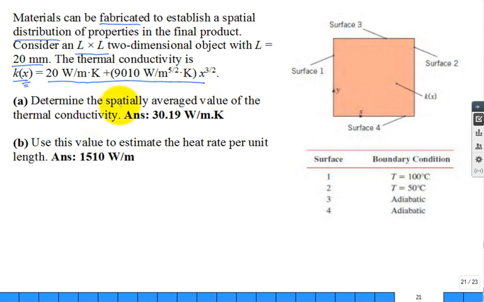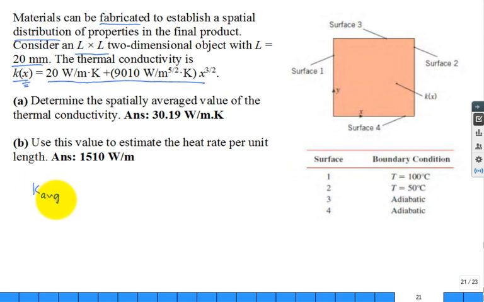So part A, determine the spatially averaged value of the thermal conductivity. If I had K as a function of x and I wanted to get an average value, what equation do I use? K average, K bar?